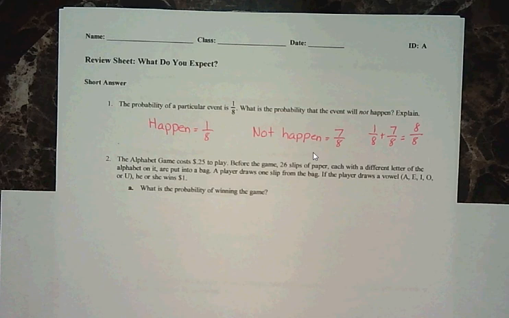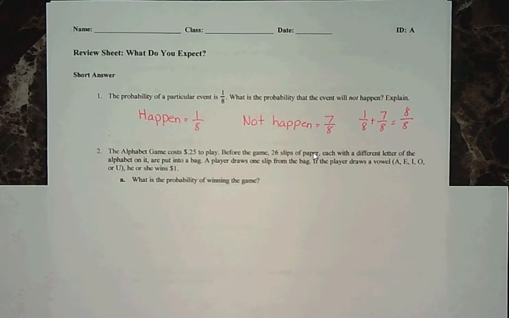The alphabet game costs 25 cents to play. Before the game, 26 slips of paper, each with a different letter of the alphabet on it, are put into a bag. A player draws one slip from the bag. If the player draws a vowel, A, E, I, O, U, he or she wins $1. What is the probability of winning the game?